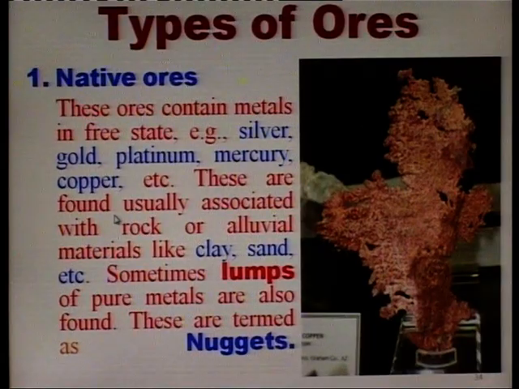These are usually found associated with rock or alluvial material like clay and sand. Sometimes lumps of pure metals are also found. These are called nuggets.